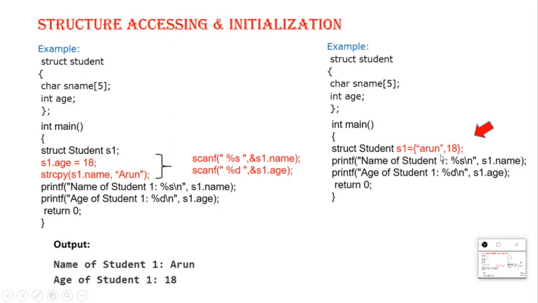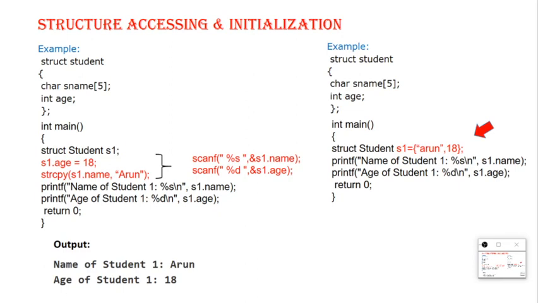So we have to follow the order when you are declaring the values in the curly brackets. Nice, right? Again, the output will be same. What is the output? Name of the student 1 is Arun, and age of the student 1 is 18.